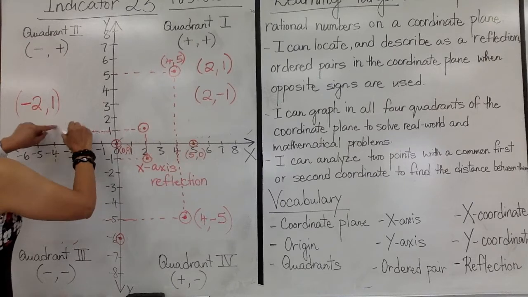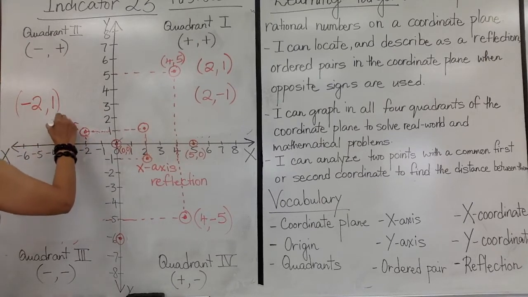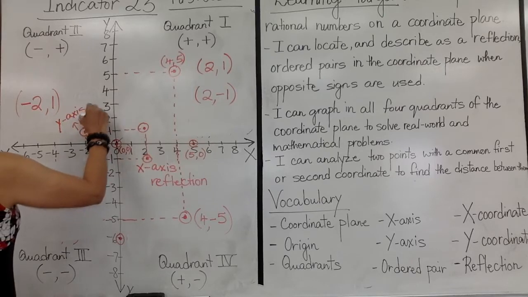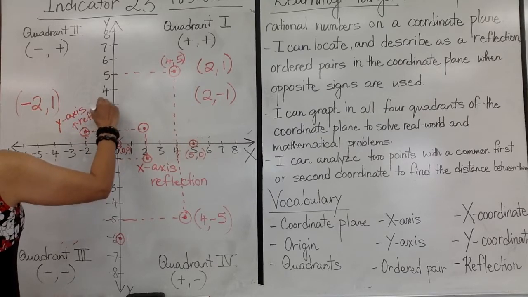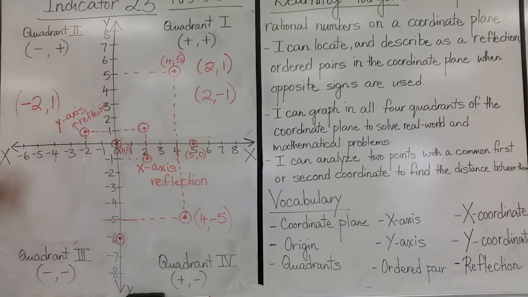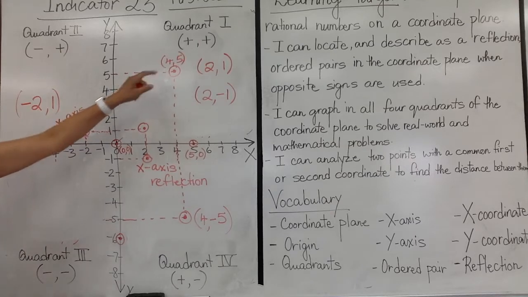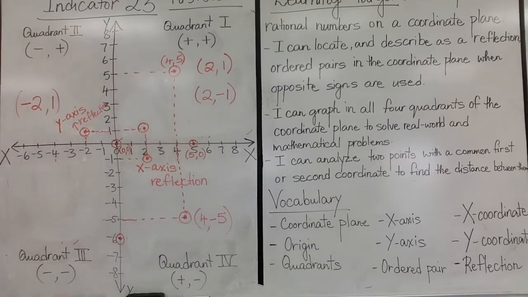Okay, so this is on the x-axis. This was on the y reflection. This is the y-axis reflection. When it is reflecting on the y-axis, on the vertical line, so if I'm saying 4, 5, and I need to reflect that on the y-axis, remember y would be the same, the x would be changed.